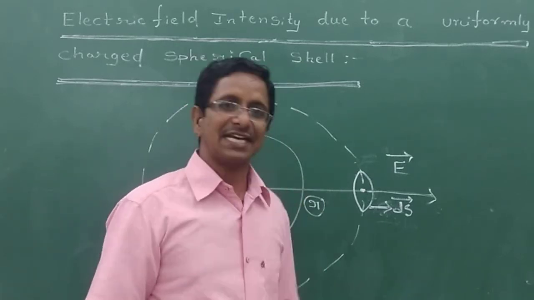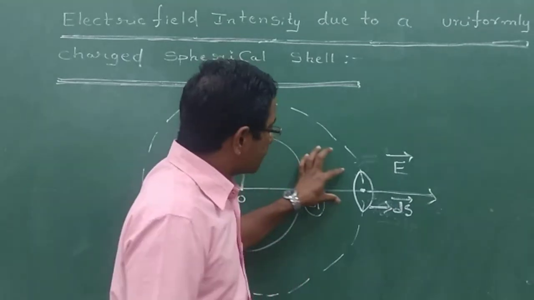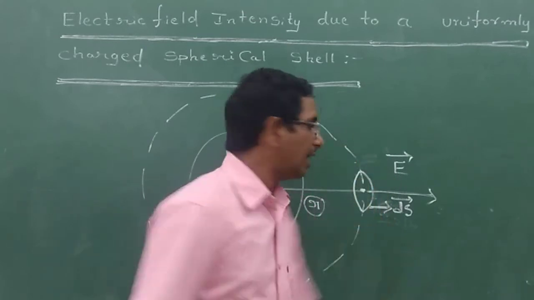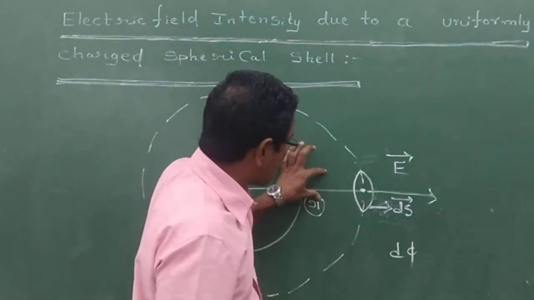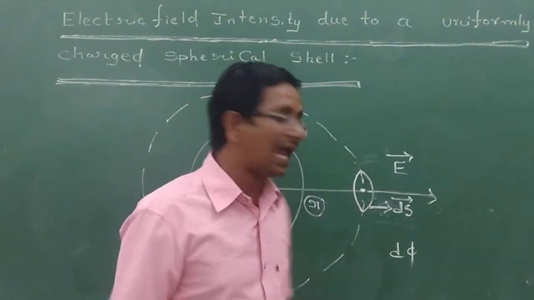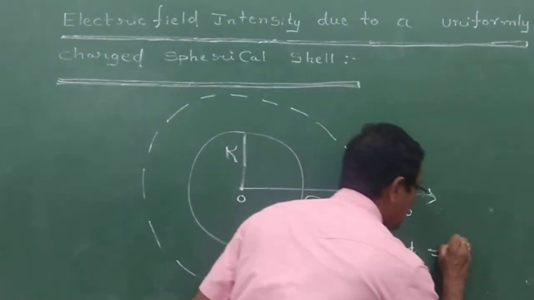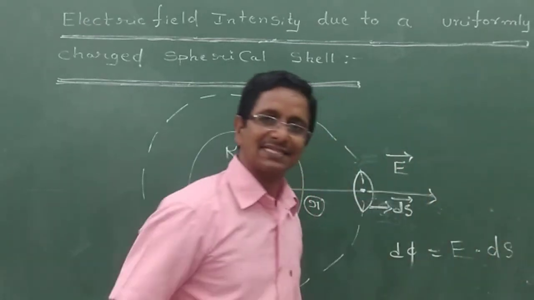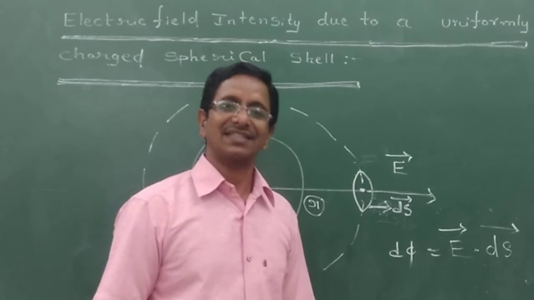Now consider a small amount of electric flux passing through that area. The small amount of electric flux passing through that area is given by d phi equals E dot ds, E vector dot ds vector.